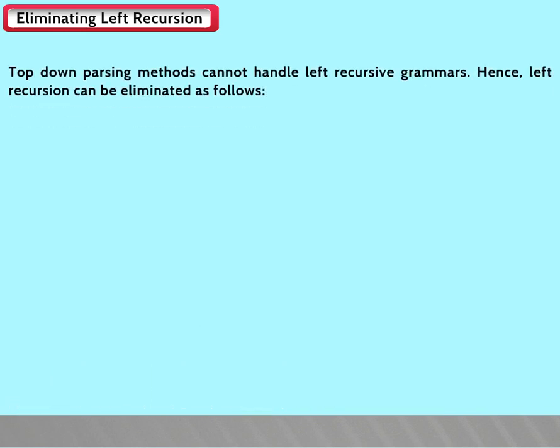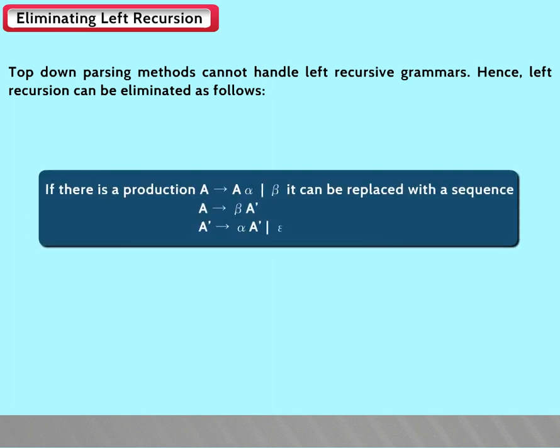Top-down parsing methods cannot handle left recursive grammars, hence, left recursion can be eliminated as follows. If there is a production A produces A alpha, beta, it can be replaced with a sequence: A produces beta A dash, A dash produces alpha A dash, epsilon.